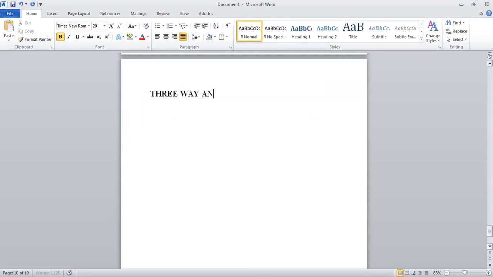three-way ANCOVA. And when it is a three-way ANCOVA, then you understand that there must be three discontinuous variables.